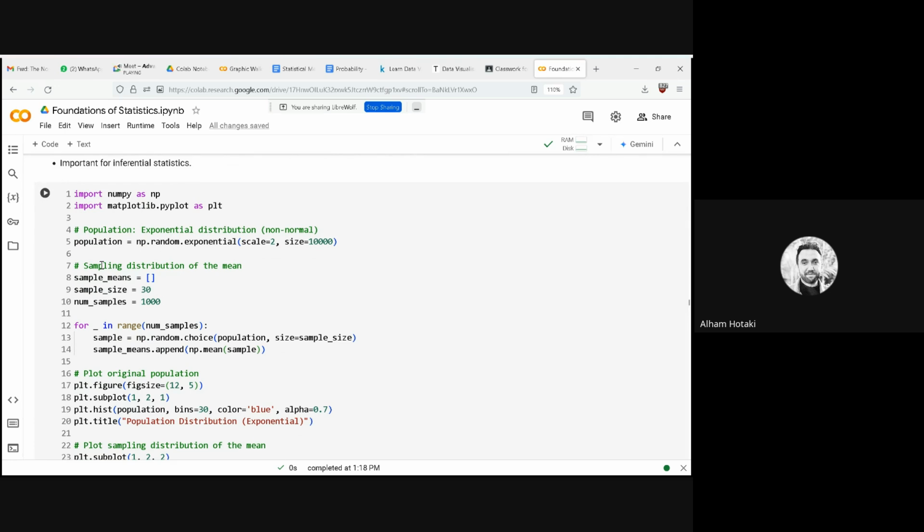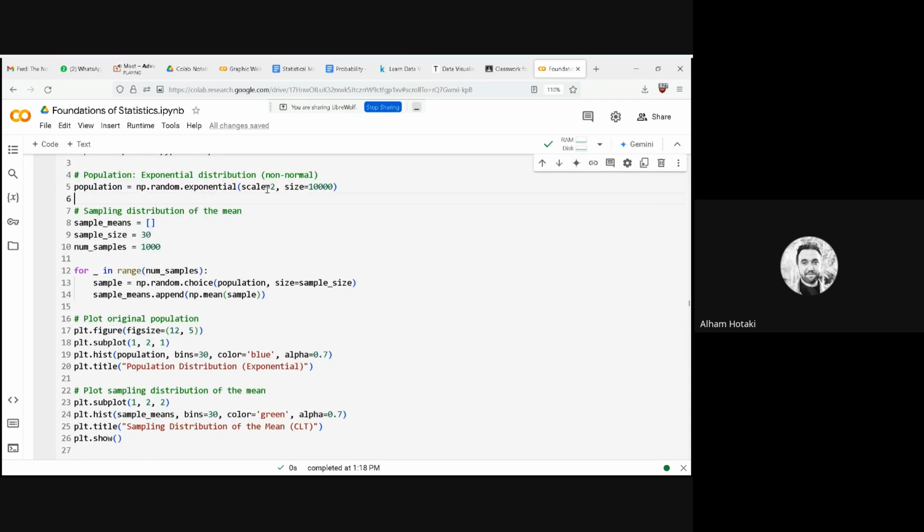For example, look at this. We have an exponential population of size 10,000, so we generated a non-normal population. Then the sampling: we don't know the sample mean yet. The sample size is 30 and the number of samples is 1,000.